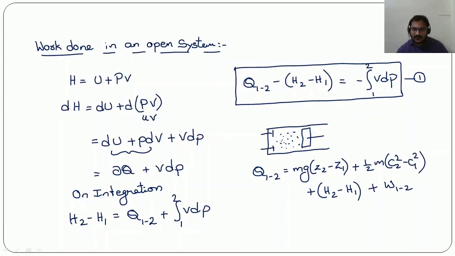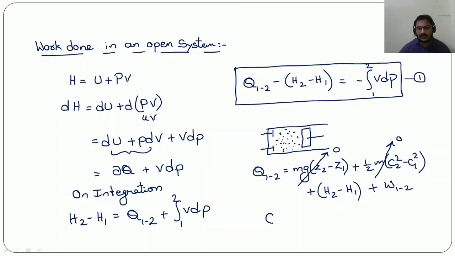As we have considered piston cylinder arrangement like this horizontally, from the datum or reference line the axis will be a horizontal line, so therefore the distance will be same, Z1 will be equal to Z2, so we can neglect the potential energy variation. As this fluid moves with negligible variation in the velocity, you can neglect the kinetic energy components.